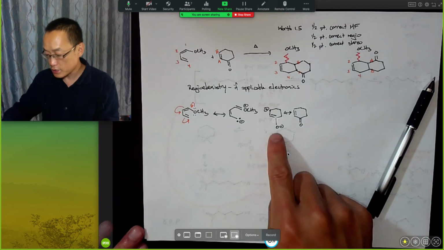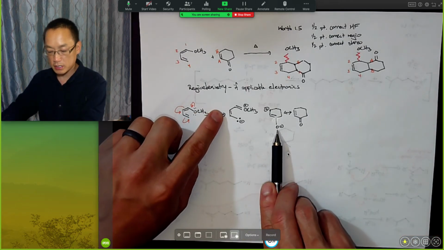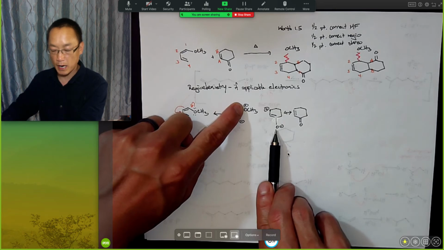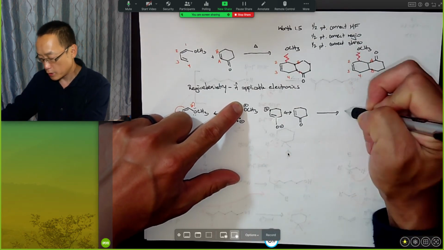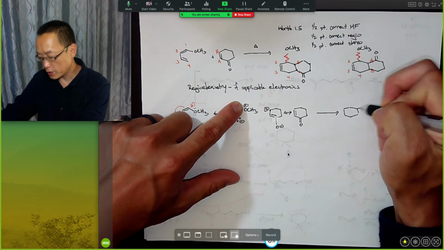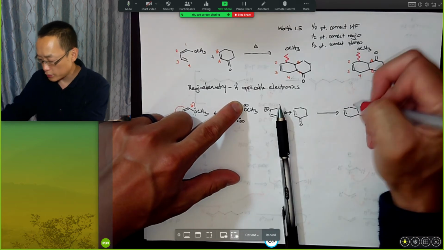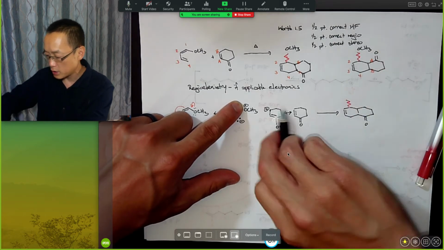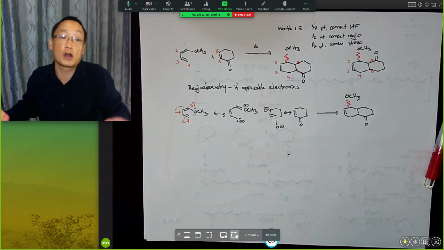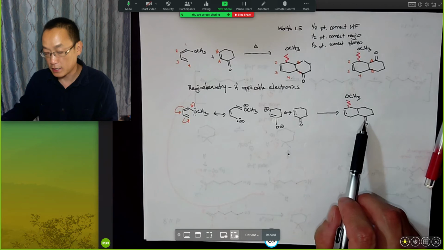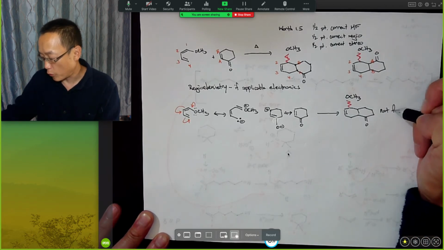And so this configuration, hey, look, that OCH3 up here and this O minus right here, that would lead to this configuration right here. We don't know anything about the stereochemistry yet of this, but certainly this arrangement of the diene and the dienophile approaching one another, that would lead to this product, and this is just not favorable.